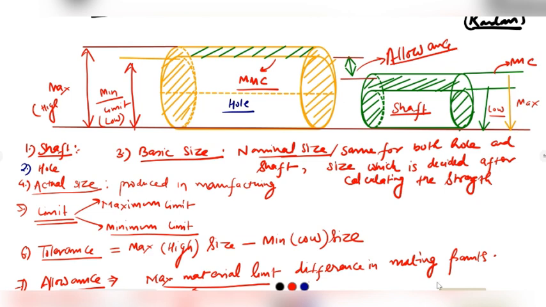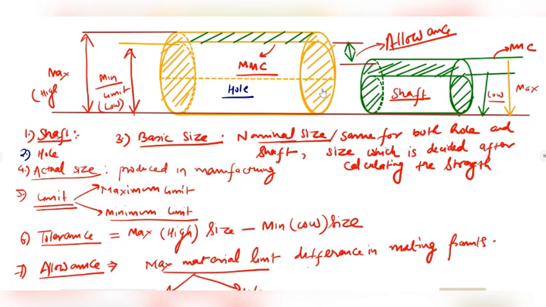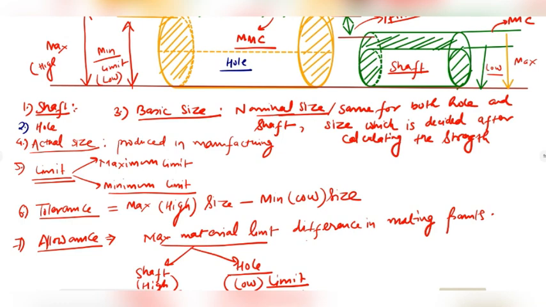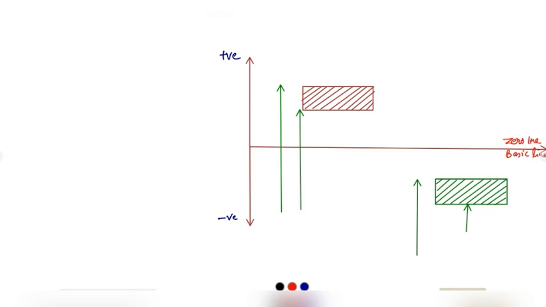Now allowance can be positive or negative. If the hole size is greater than the shaft size, then our allowance will be positive, whereas if the reverse is true, it will be negative.